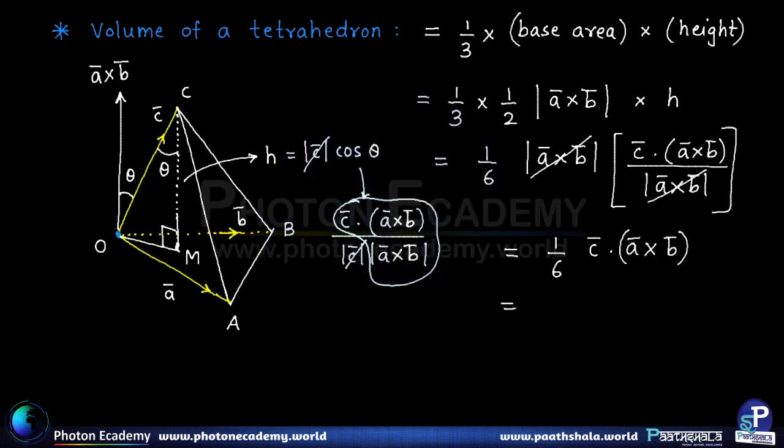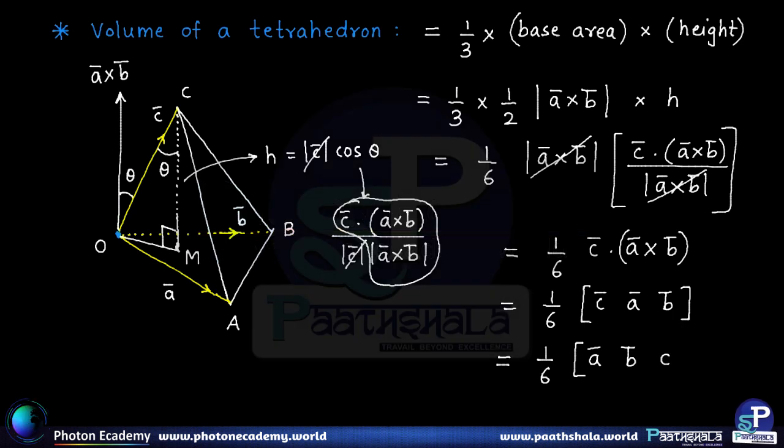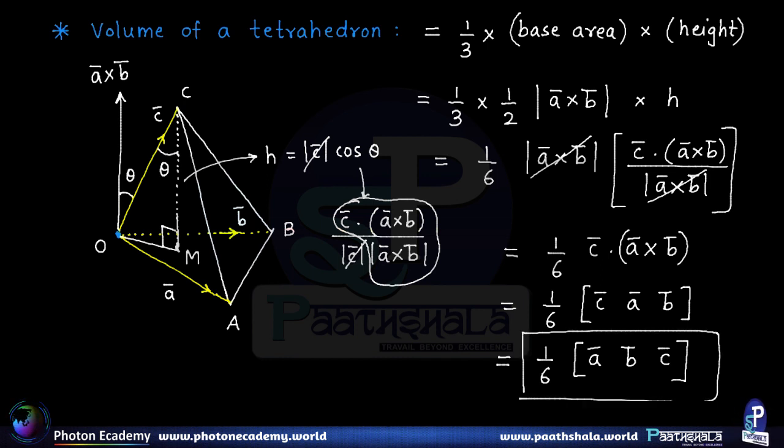And we observe that this is nothing but the scalar triple product of C, A and B. And if we do a cyclic change of vectors, we can also write it as the box product of A bar, B bar and C bar, just to look at it as a standard form. So that's the formula for the volume of the tetrahedron.